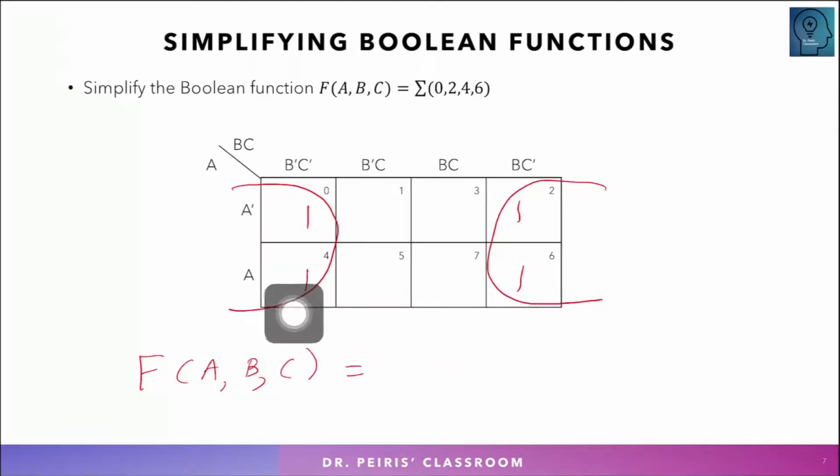This is B prime, this is B, so it is different. Now this is C prime, this is also C prime, which means C prime is common. So the only term that we are getting is C prime. So we simplified this function to a single literal.